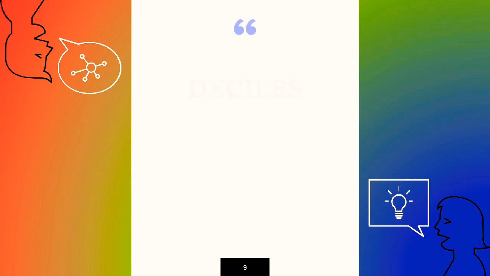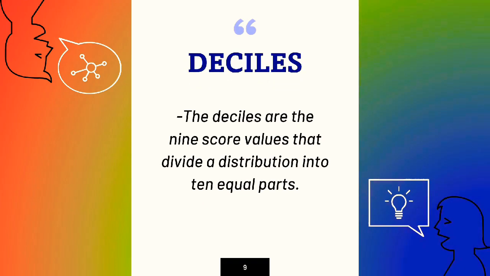The second measure of position is deciles. When we say deciles, these are 9 score values that divide a distribution into 10 equal parts.